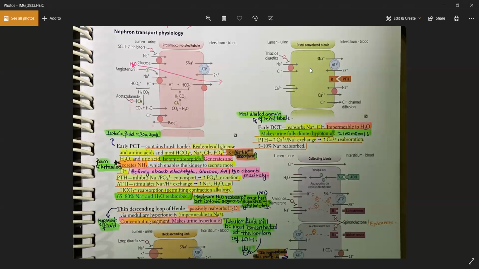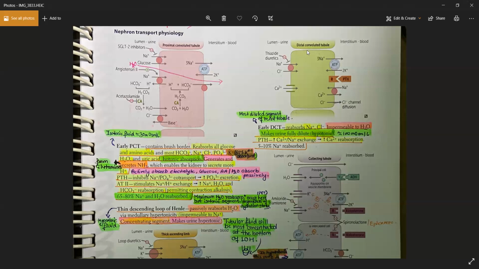The modified cells of the DCT, these are known as what cells? Mesangial cells? No, the mesangial cells are the interstitial supporting cells. These are the macula densa cells, right? Yes, the modified cells of the DCT are known as the macula cells. What is the function of the macula cells?